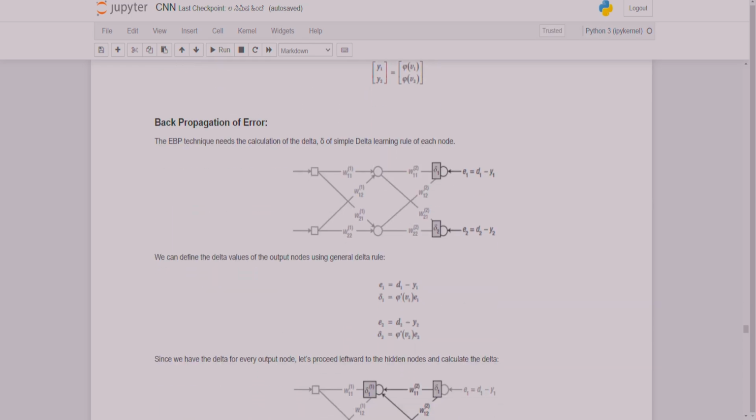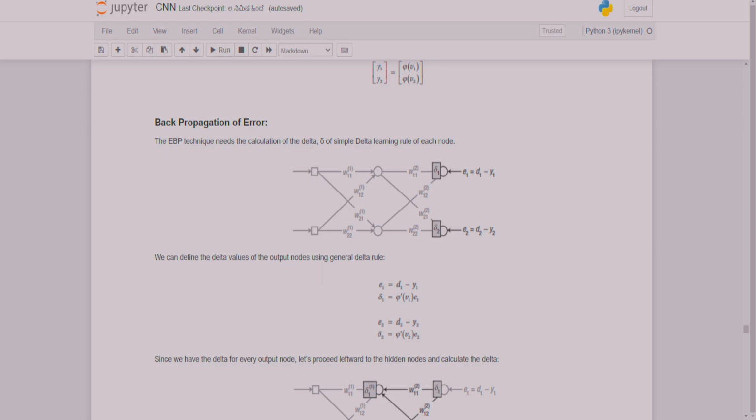Then, in order to update the weights, we can apply the delta rule for only the output part, because these are the delta values which we can directly calculate by subtracting the current output y from the desired value d.